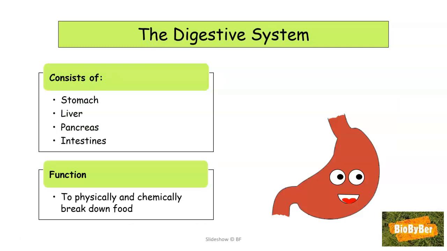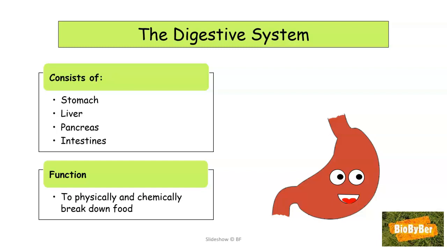When we look at the digestive system, we want to use it to exemplify or illustrate the definition of an organ system. So what we're trying to do here again is show that the digestive system is composed of a number of different organs that work together, carrying out one or more functions.